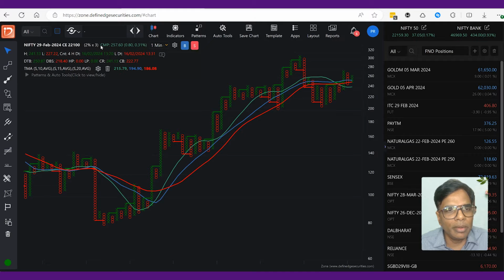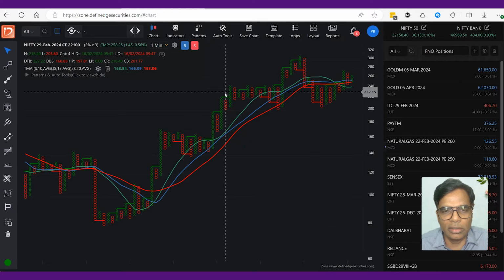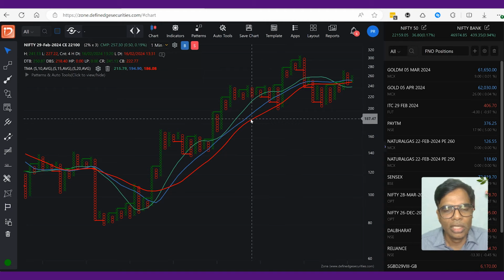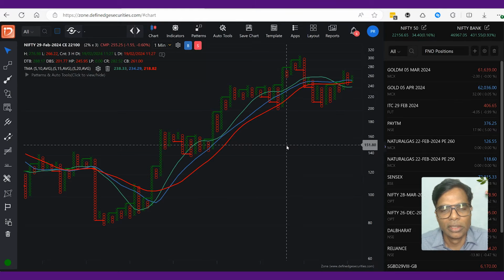This is a parameter that we use to plot this PNF chart. To understand this more, I suggest you check our Definedge YouTube channel, where you will find explanations of these parameters, what they mean and how they help in charting different kinds of PNF charts. For options we are using 2% into 3 for this particular backtesting method.